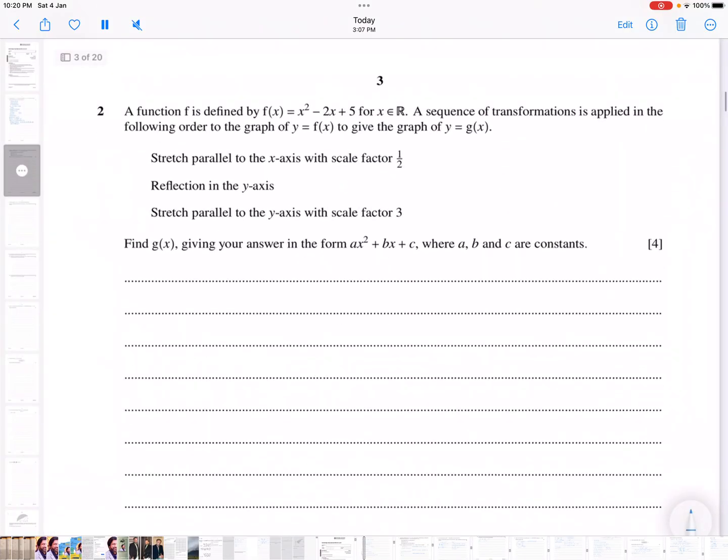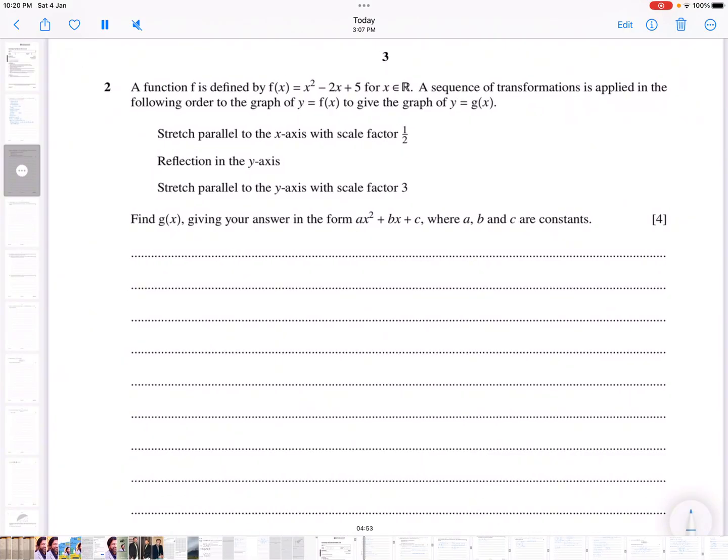In question number 2, a function f is defined by f of x equals x squared minus 2x plus 5 for x a member of the real numbers. A sequence of transformations is applied in the following order to the graph of y equals f of x to give the graph of y equals g of x: stretch parallel to the x-axis with scale factor 1 over 2, reflection in the y-axis, and then stretch parallel to the y-axis with scale factor 3.